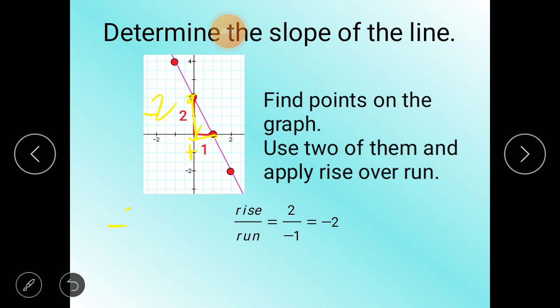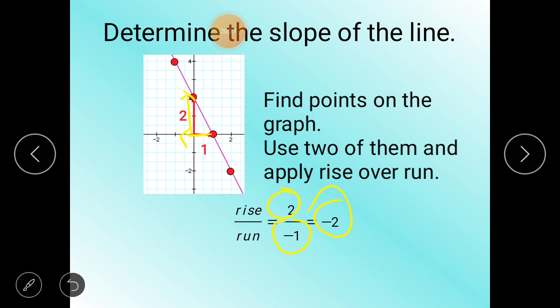So if you have -2 on the rise and +1 on the run, you will still get -2. But if you're going to solve it like this, go left, so -1, go up, so +2, so your answer is -2. Okay, so any of the method will do.